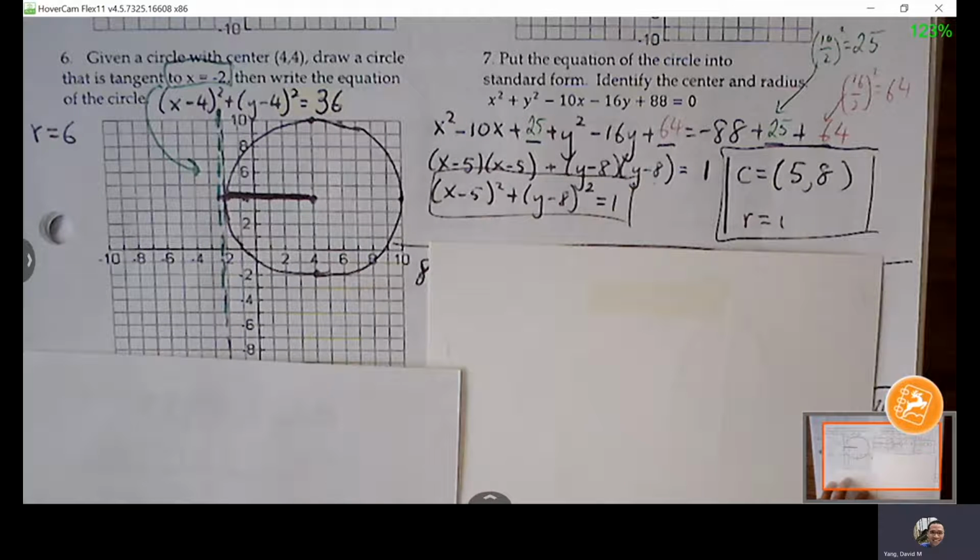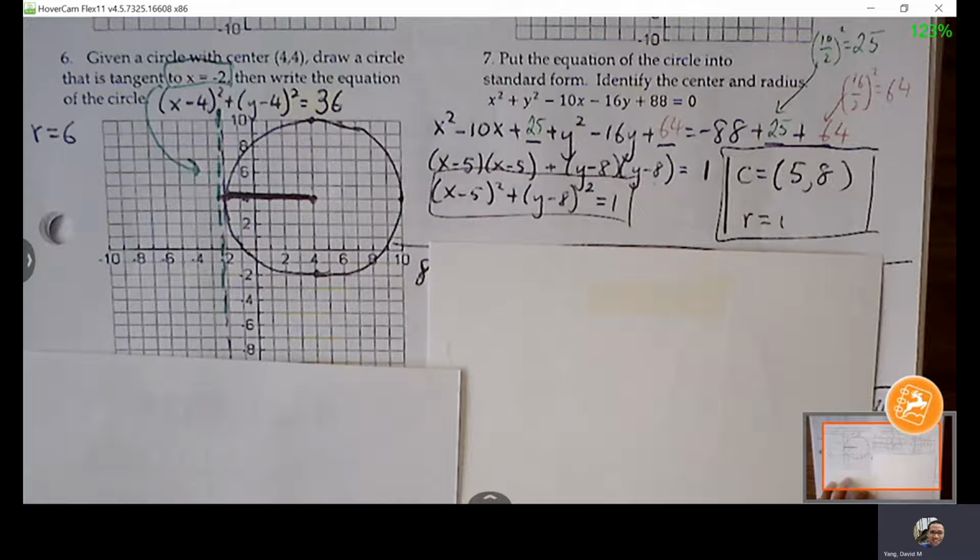So x squared minus 10x goes together, add a space. Y squared minus 16y goes together, add a space. Move the 88 to the other side, so that positive becomes a negative 88, and then add 2 spaces, because we're completing the square for both the x's and the y's.